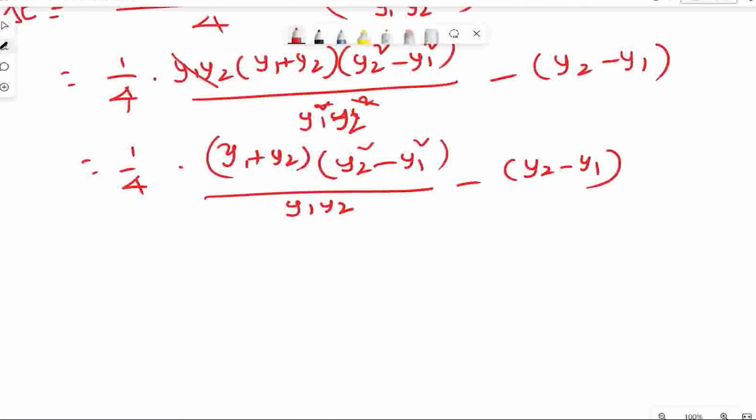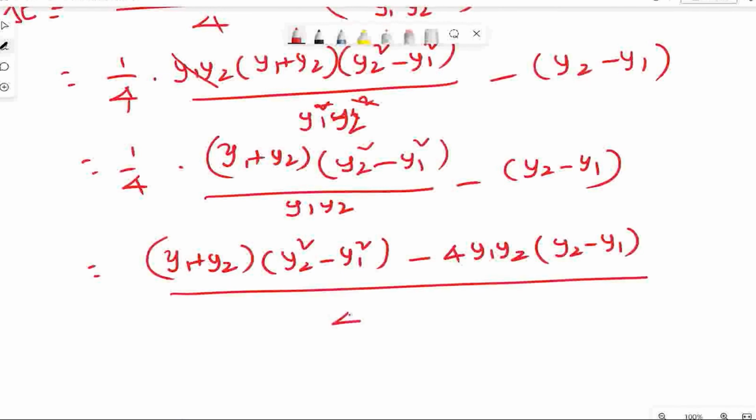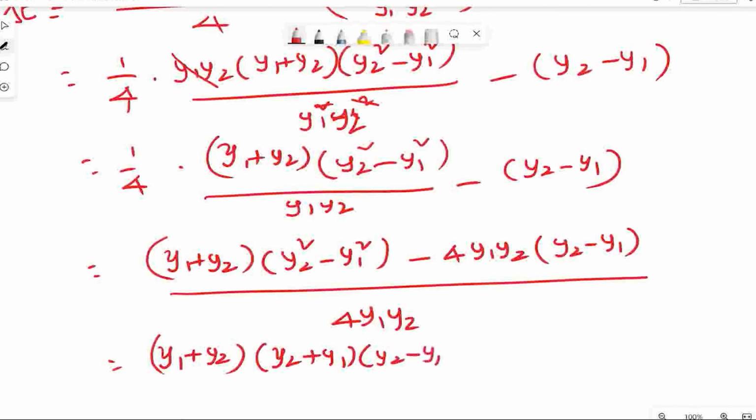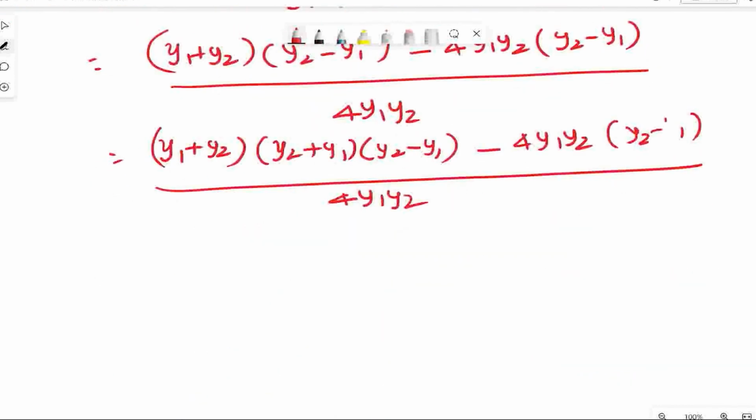If I try to simplify it, total it is y1 plus y2 into y2 squared minus y1 square, minus 4 y1 y2 into y2 minus y1, whole divided by 4 y1 y2. Now I brought this under the same denominator. Now y1 plus y2 into y2 square minus y1 square, I will write as y2 plus y1 into y2 minus y1, minus 4 y1 y2 into y2 minus y1, by 4 y1 y2.